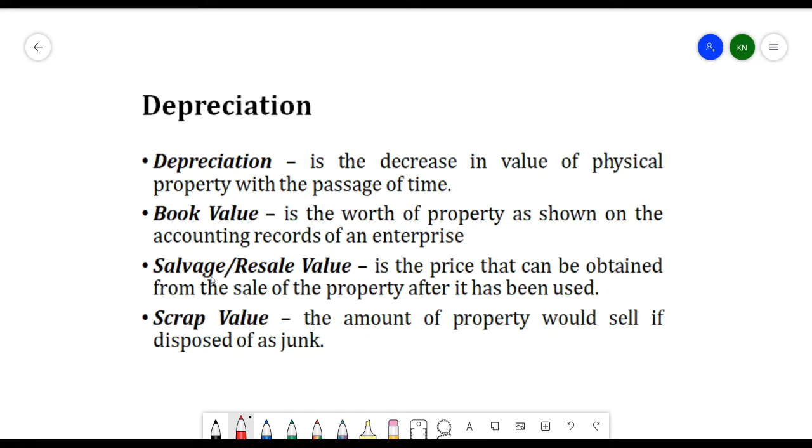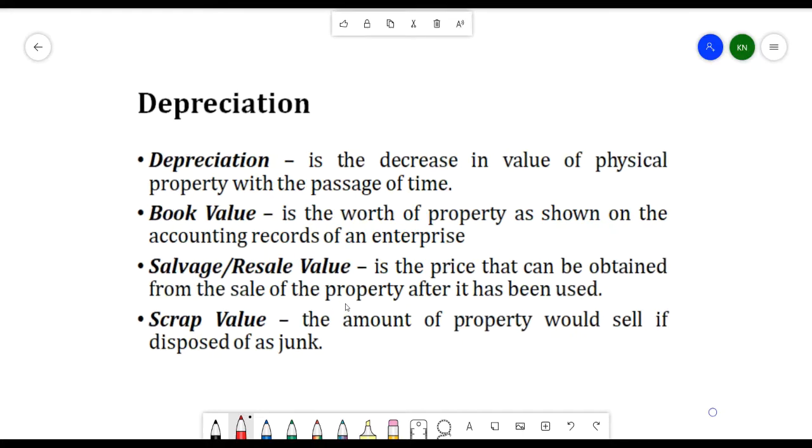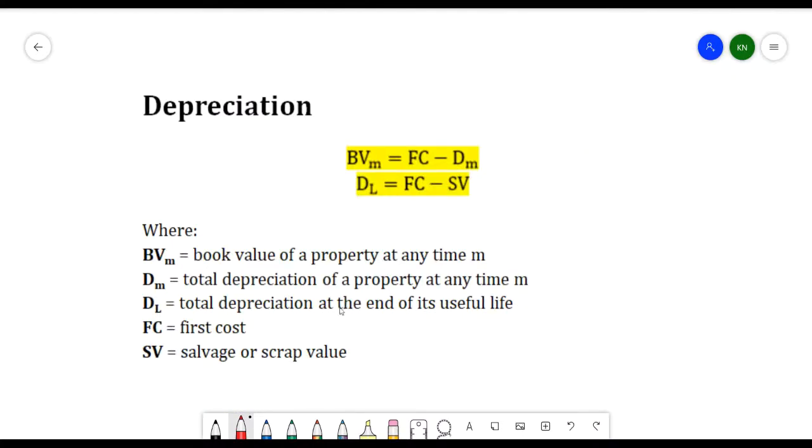That is what we call the salvage value. We also have the scrap value, which is the amount the property would sell for if it is disposed of as junk.